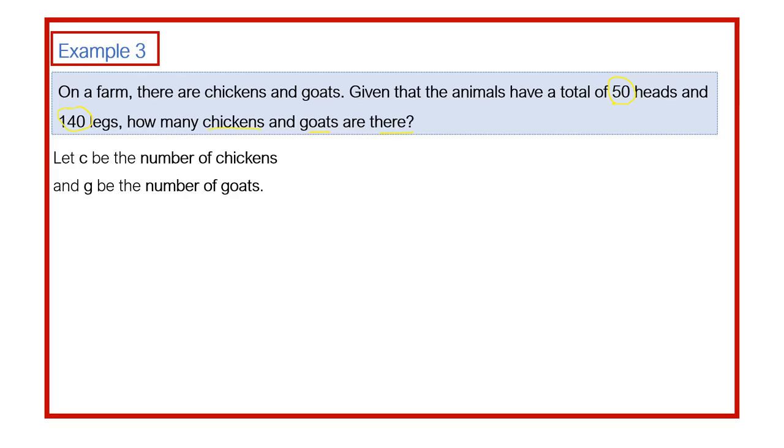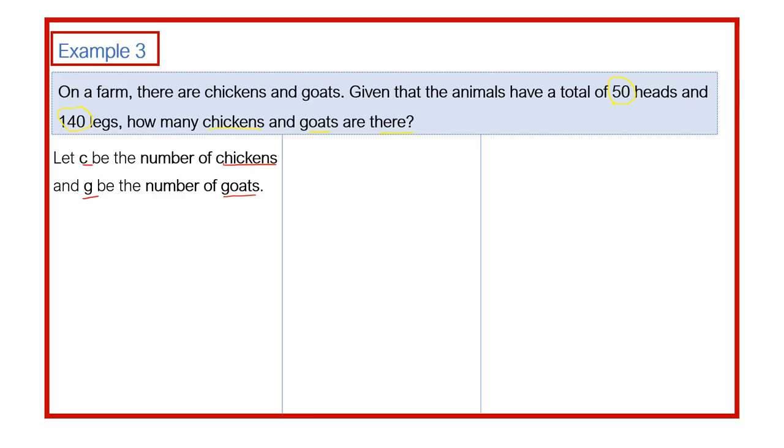So we say that let C be the number of chickens and let G be the number of goats.